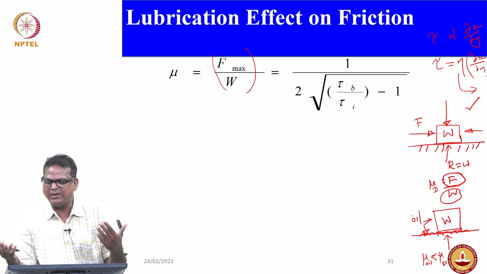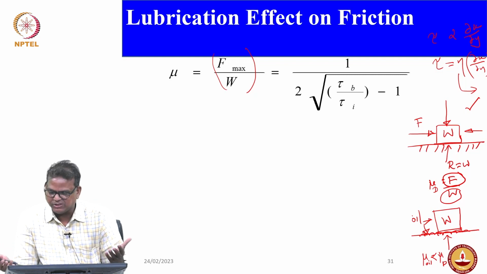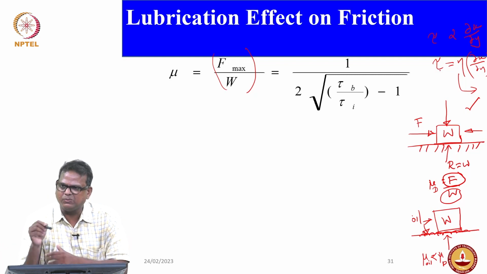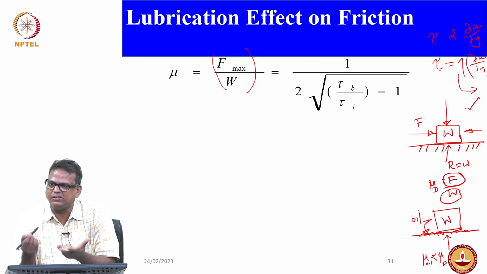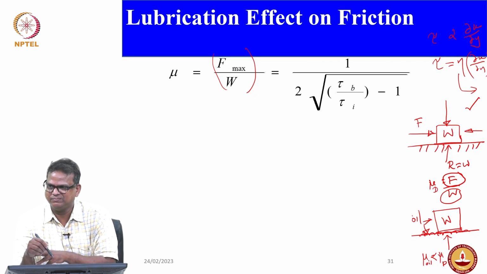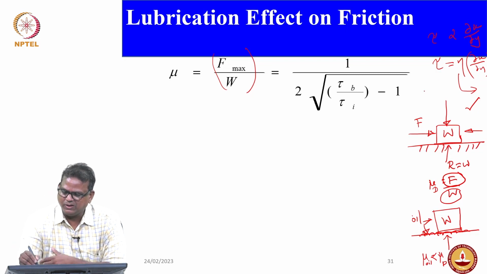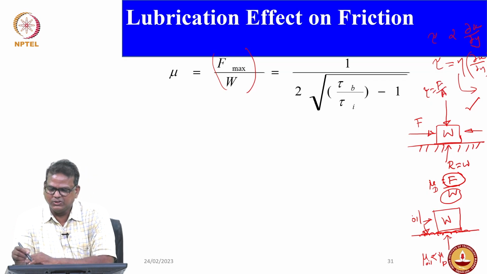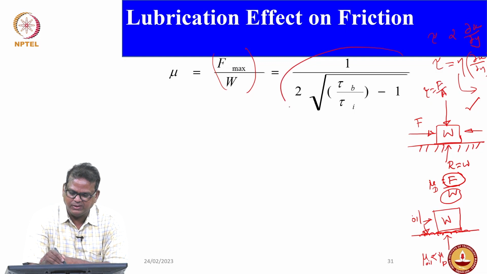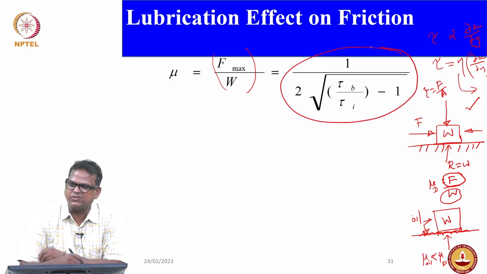Then you may ask, what is the relationship? Can I write shear force equal to my tangential force by area? You can do that. So the tau you can replace by F by area. Area is anyway constant, assuming that. If you replace it, you will get everything based on the shear strength.